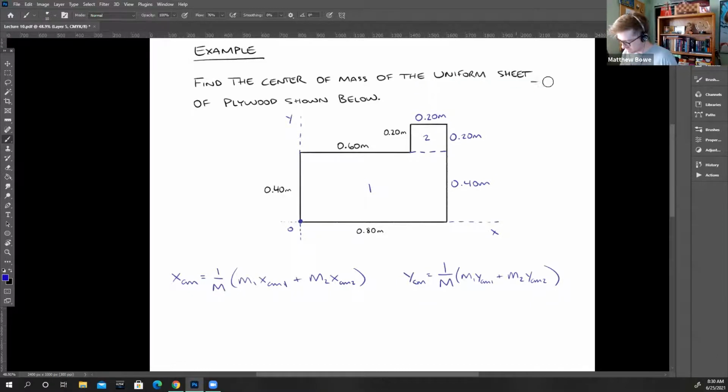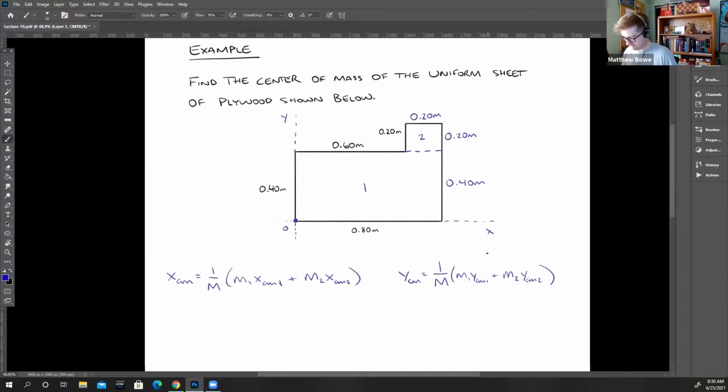But this is me trying to just find the area of these shapes. In fact, I can relate the area of the whole thing as a ratio of each individual piece.